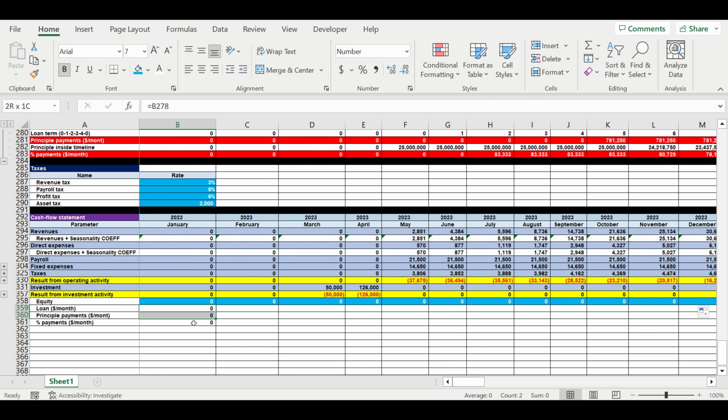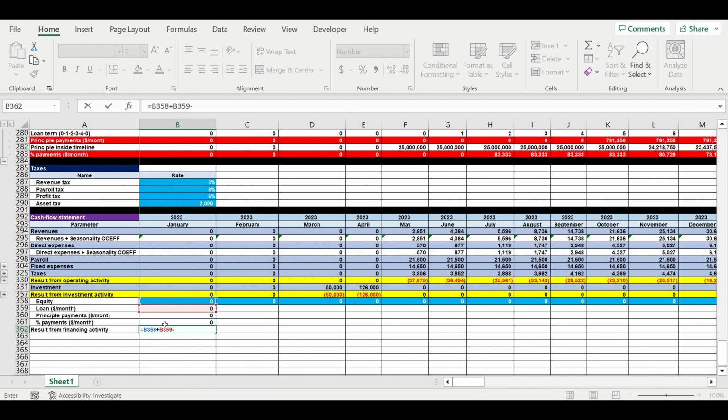Then here we will create the line for result from financing activity. This will be equity plus taking the loan minus principal payment minus interest payment.